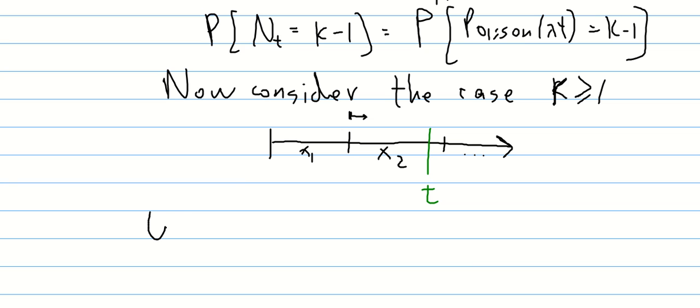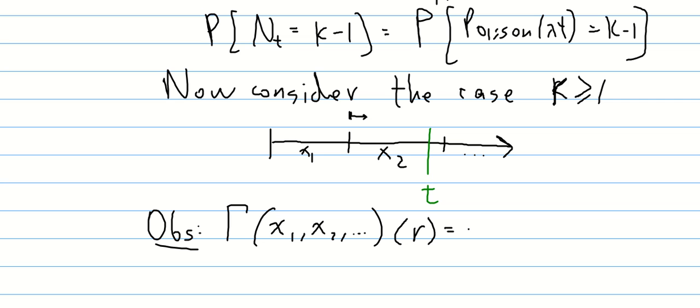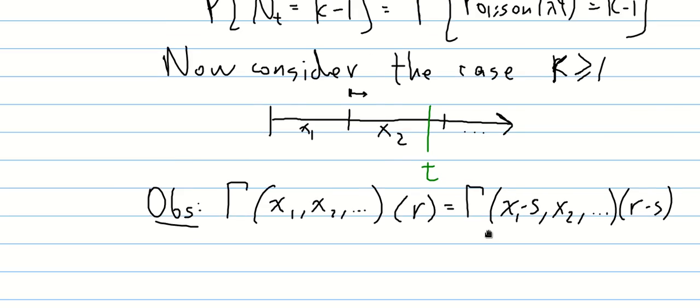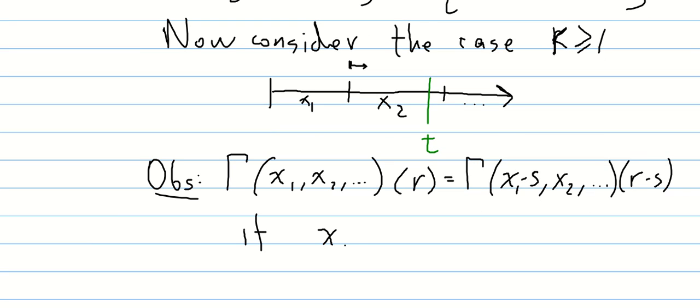The first observation is that this can be done with the deterministic function gamma, without talking about the distribution yet, in the following sense. The function N associated to a sequence of points, when we evaluate it at r, can be related to the same function evaluated at the point r minus s, if x1 is bigger than s.